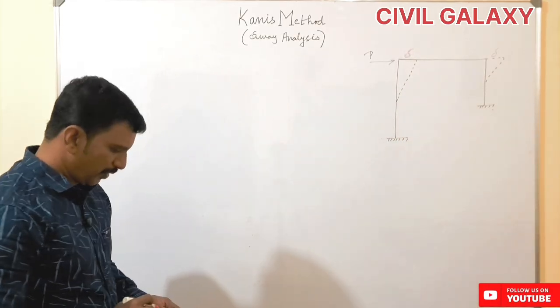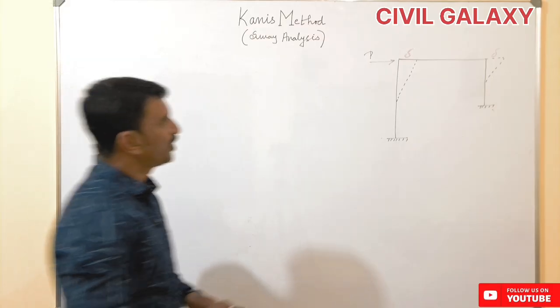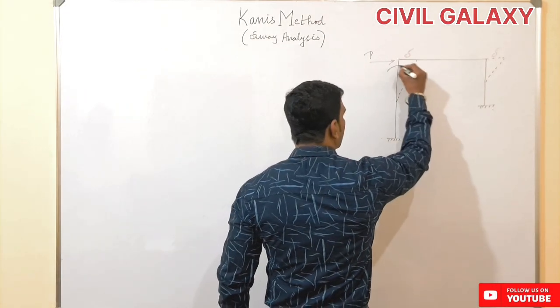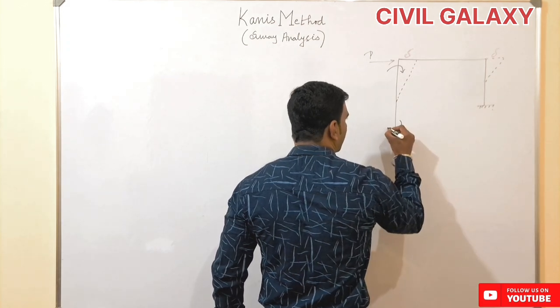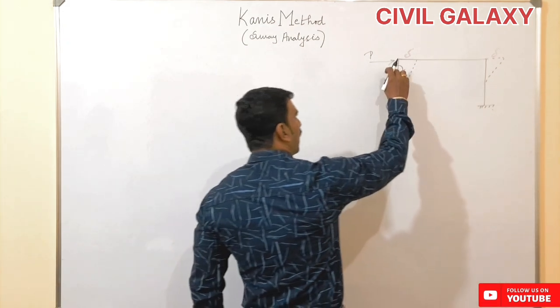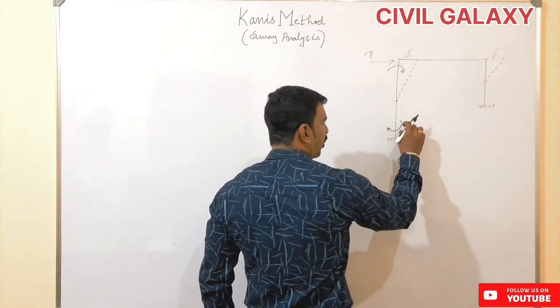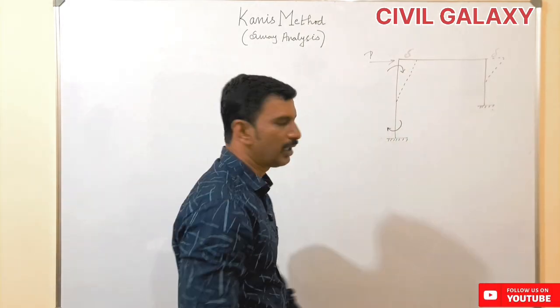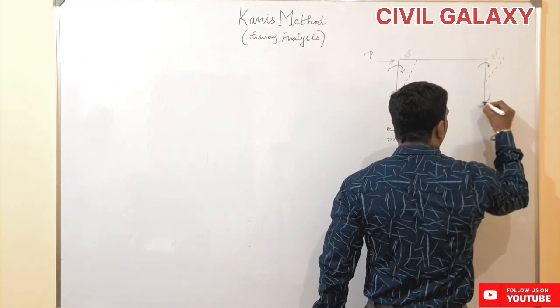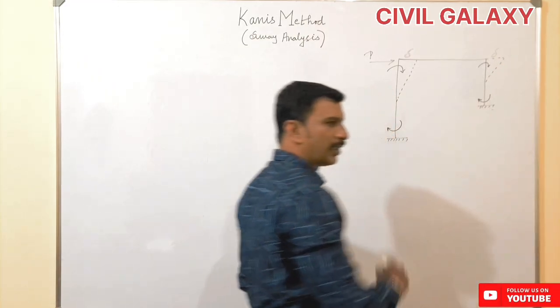Now if you observe, due to this lateral load we are getting an additional moment in the column. At the top we are getting an additional moment, also at the bottom of the column. Here also at the top we are getting an additional moment, at the bottom we are getting an additional moment in the column.